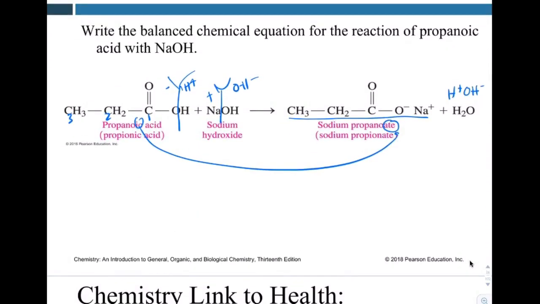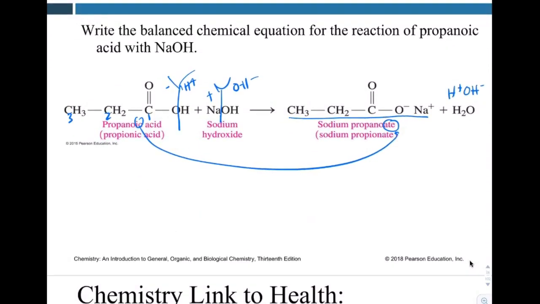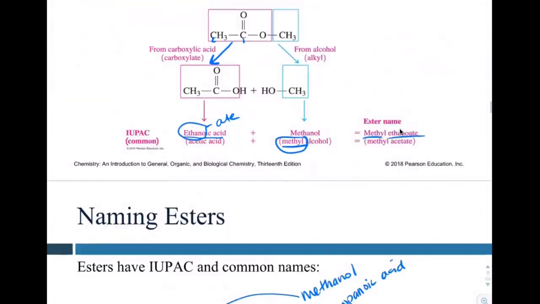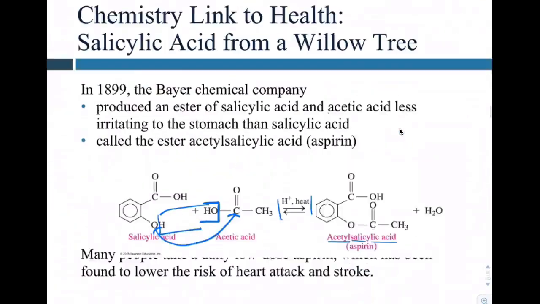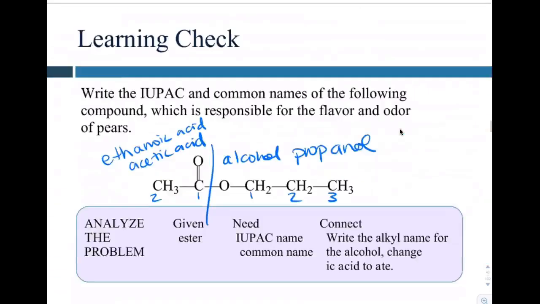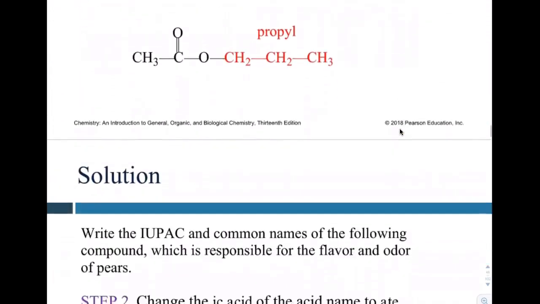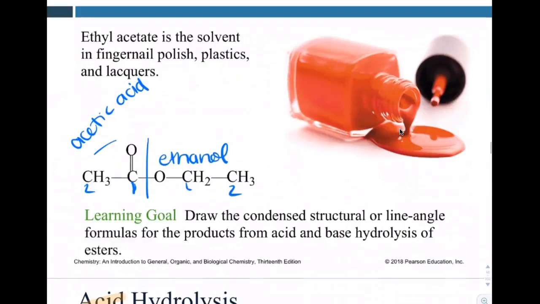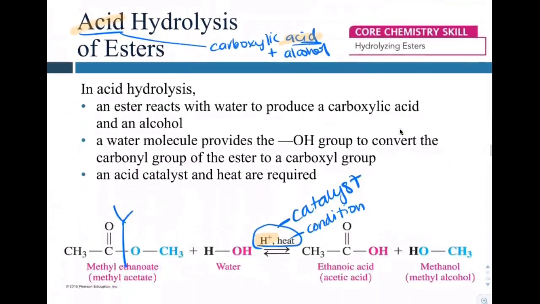So carboxylic acid reacting with the base, look at what it makes. It makes the carboxylic salt. We're just going to be piecing together things in new places and not necessarily learning totally new things. Organic chemistry is all about patterns. And so we're going to be uncovering these patterns.